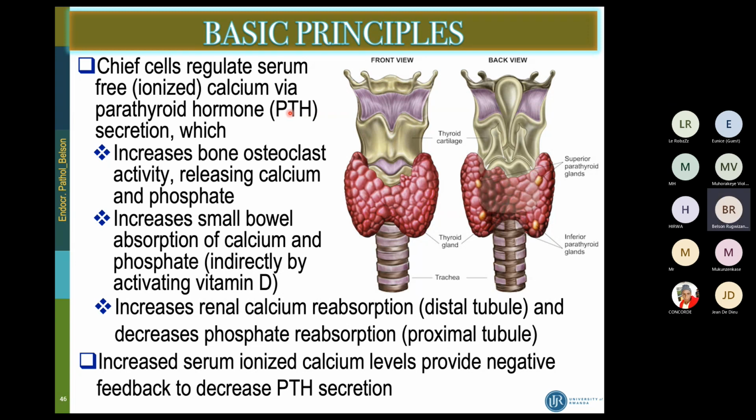Also, it increases the renal calcium reabsorption in the distal tubule and it decreases the phosphate reabsorption. So for the GIT and the bone tissue, this hormone increases the phosphate content in the blood, but at the urinary system level, it tries to decrease the concentration of phosphate.